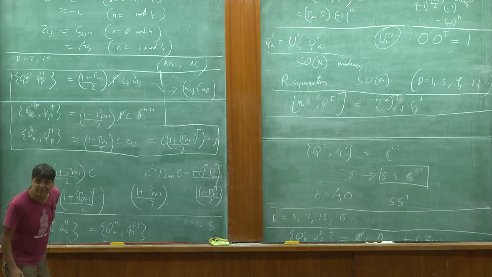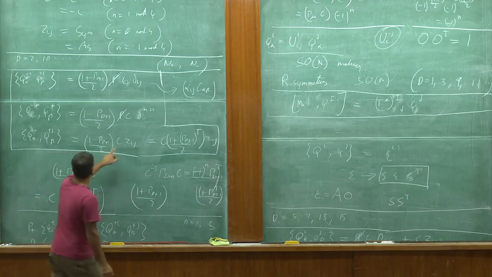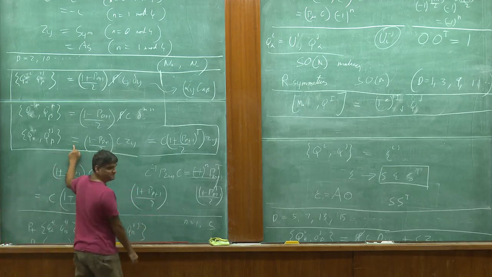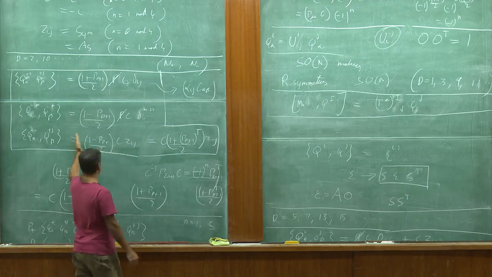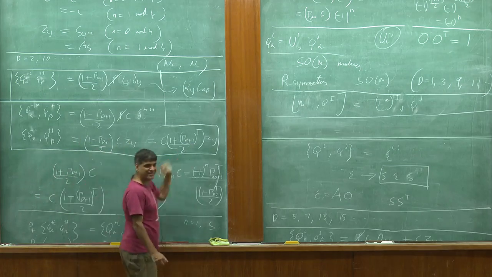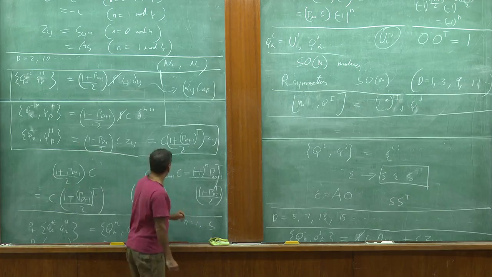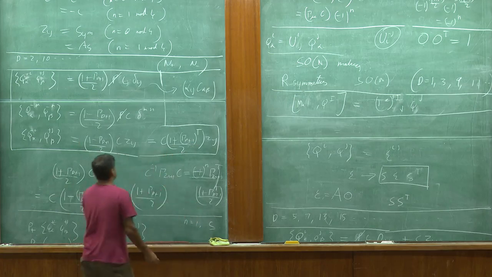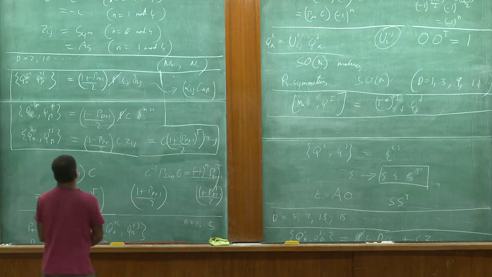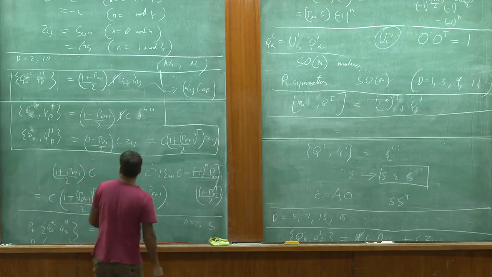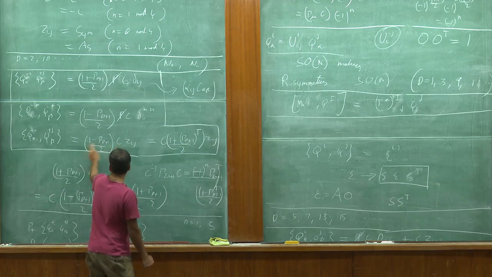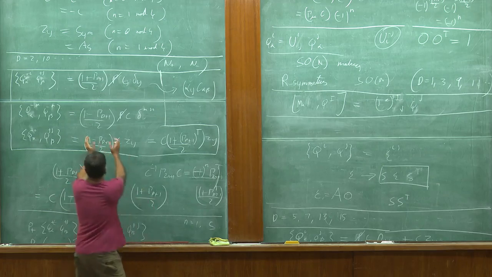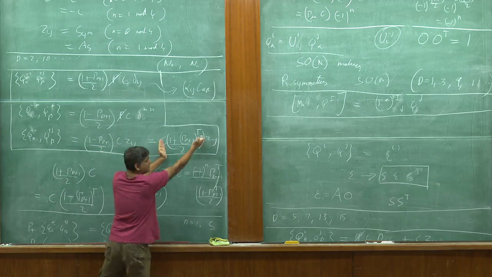Sorry, what were you saying? No, C will be on the... I've moved C through and got this. Well, why do you say that? I moved C through. So this times C is equal to C times this.